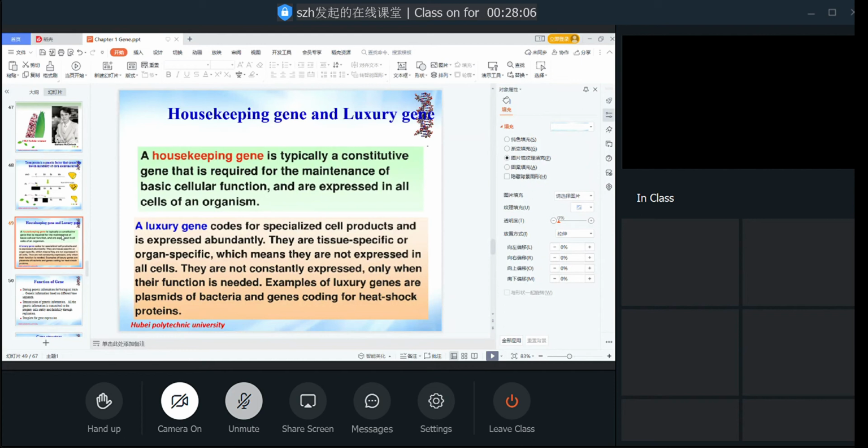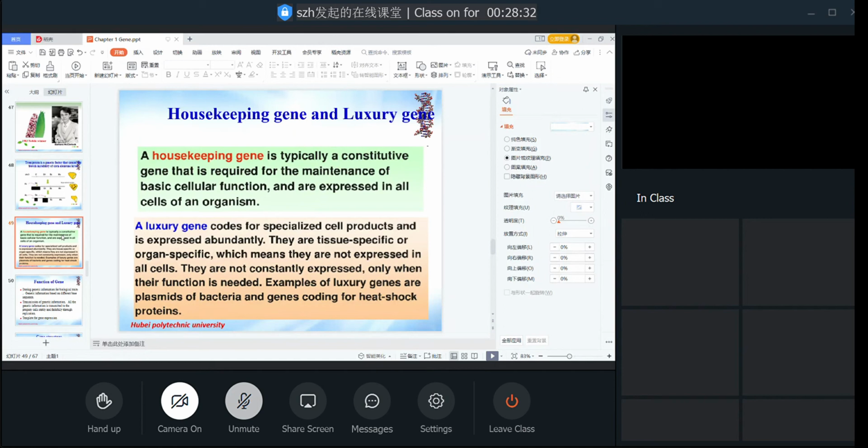How to understand it? In organisms, in all kinds of cells you can see it expressed, with continuous expression. This gene is required by all kinds of cells for the maintenance of basic cellular function.